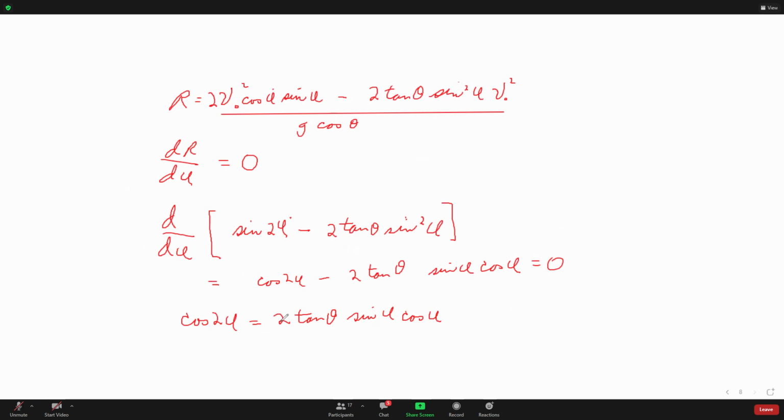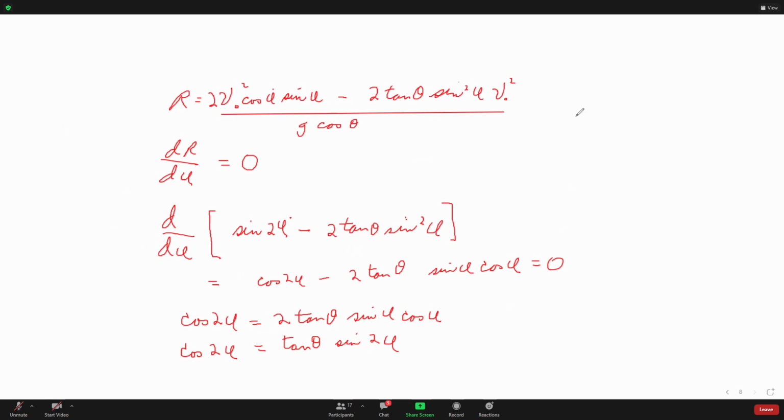But 2 times sine phi cosine phi is just the sine 2 phi. So cosine 2 phi is equal to tangent theta times sine 2 phi.